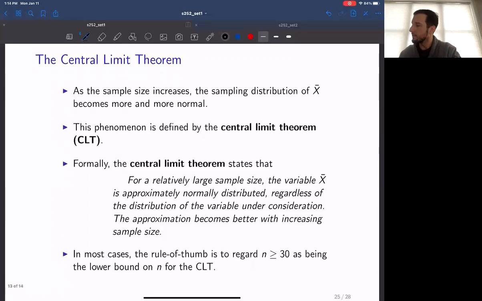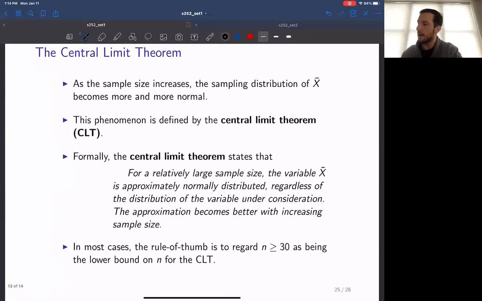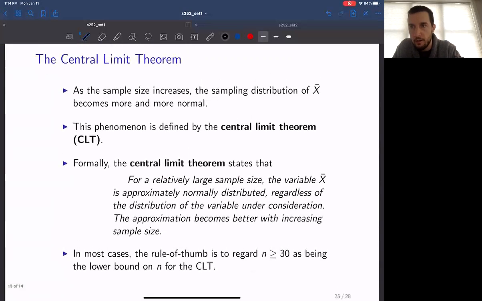On slide 25, I have the central limit theorem written out in its generic expression. So it says, for relatively large sample size, the variable X bar is approximately normally distributed, regardless of the distribution of the variable under consideration. The approximation becomes better with increasing sample size.